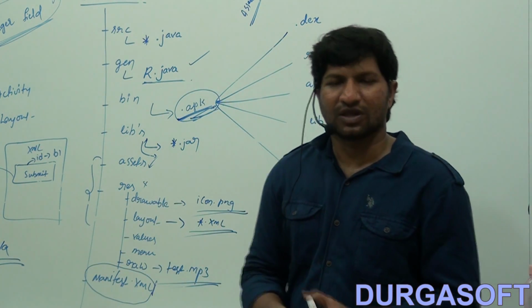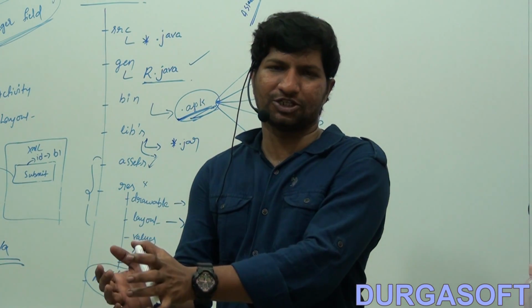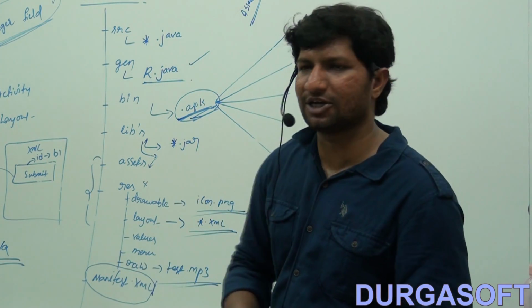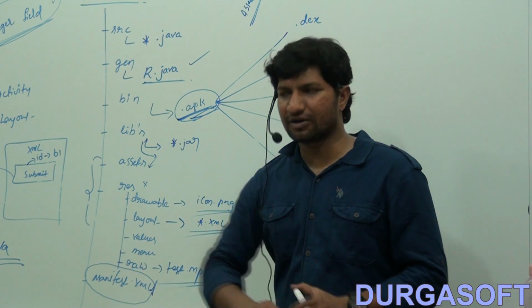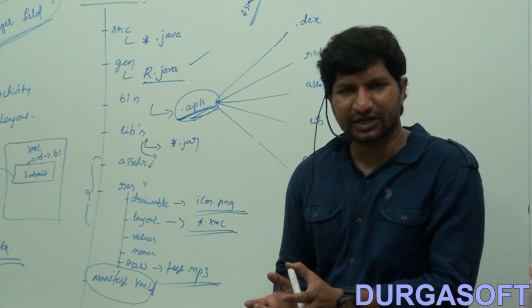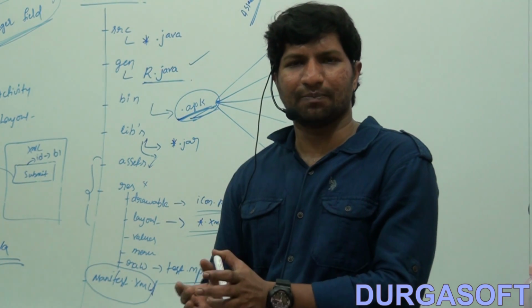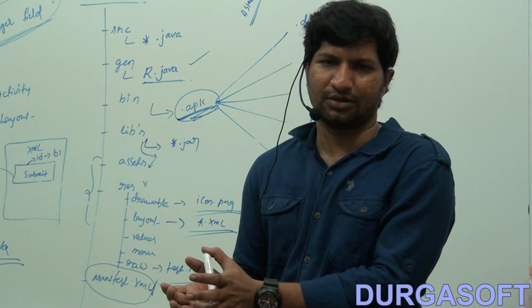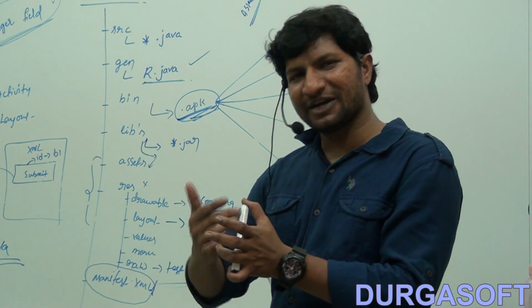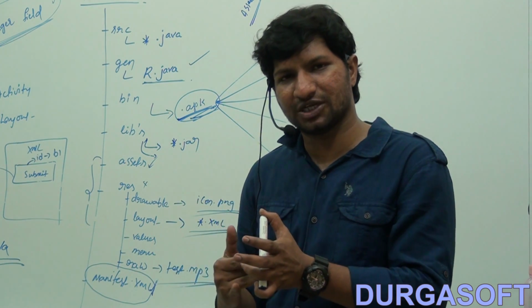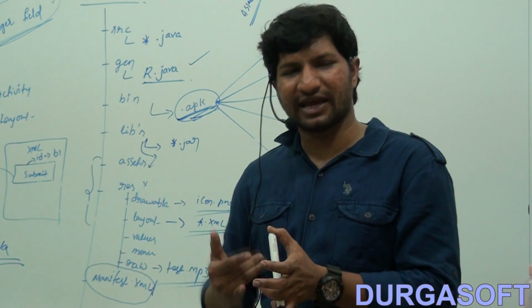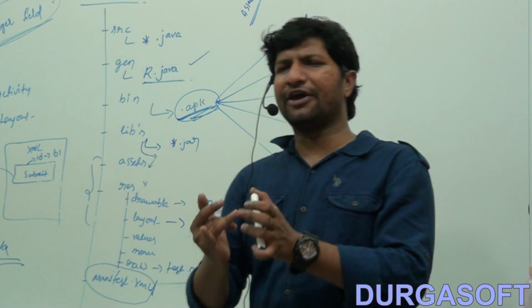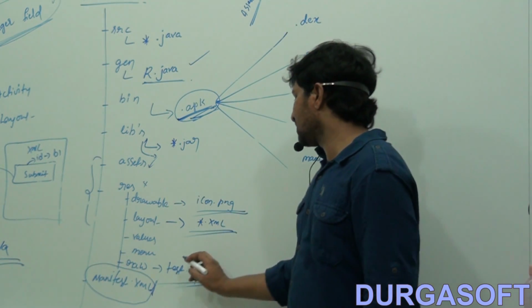Before installing your application and before starting your application, the Android platform first reads the manifest.xml file. I'll recall once again: the manifest.xml file gives the complete description about the project, meaning the package name, the application name, the version of the application, how many activities, how many services, everything specified in one file.